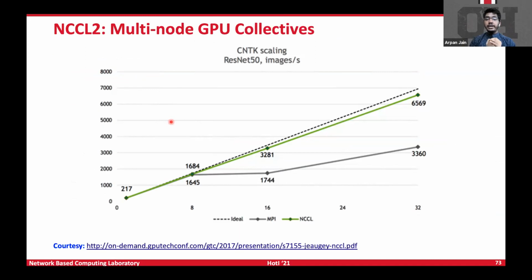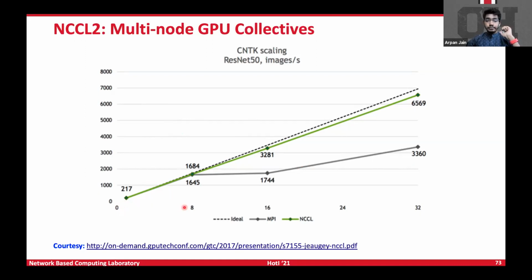Because MPI has been here for the last 30 years and it is empowering several HPC applications. This is the graph which was used as a motivation for NCCL at that time, around 2017, when the NVIDIA team explored distributed training.